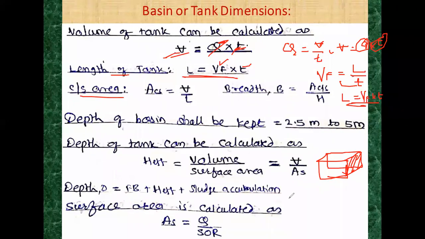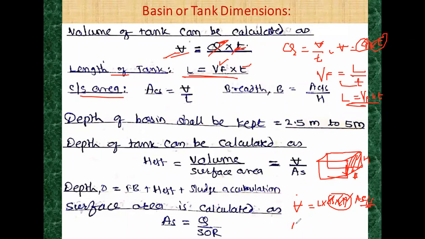Now we know that volume of sedimentation tank is nothing but L into B into H. But what is this B into H? This is B and this is H. This is nothing but the cross-section area. So instead of this, I can write here ACS. Okay, that is length into cross-section area will be volume.